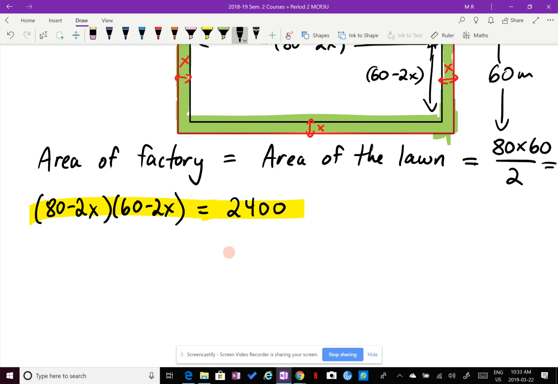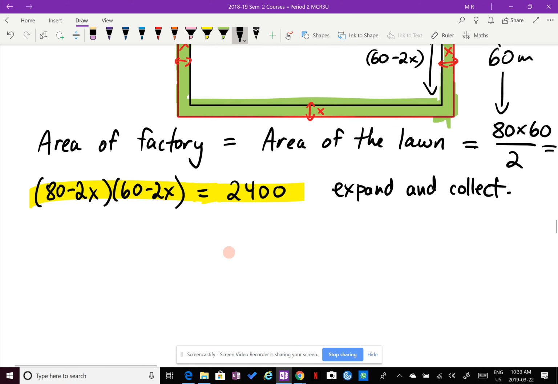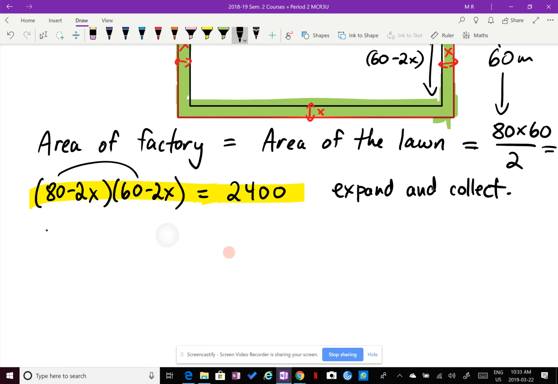And to do that, I have to expand and collect like terms. Okay, so I'm going to expand the left side. 80 times 60 is 4,800. 80 times 2x is minus 160x. Minus 2x times 60 is minus 120x.